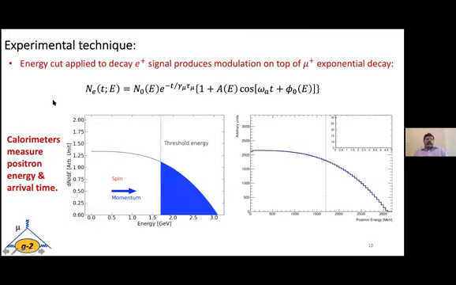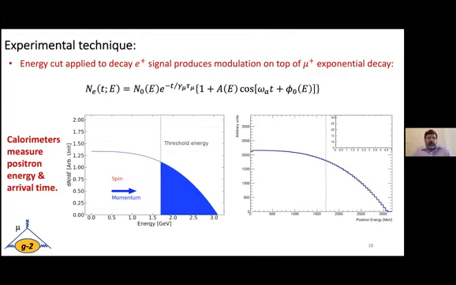So the basic fundamental underlying principle of how we're actually able to see the anomalous precession frequency in decay positron spectra is due to the properties of the weak decay.